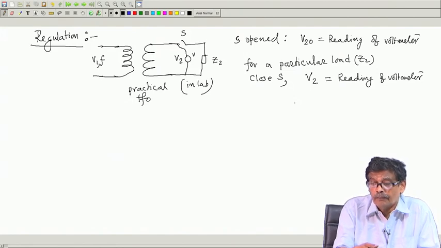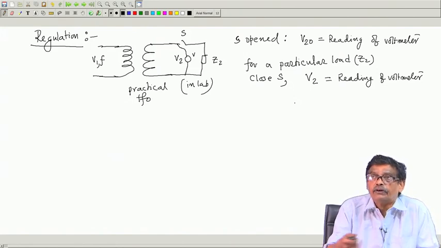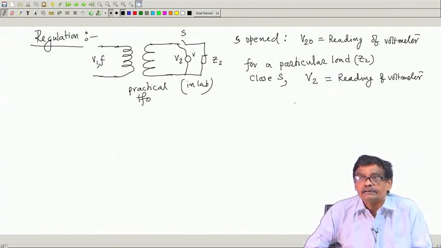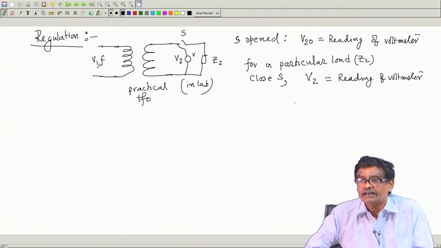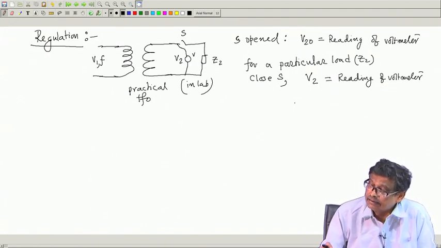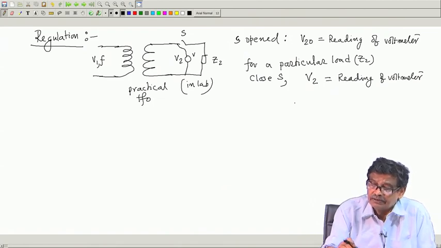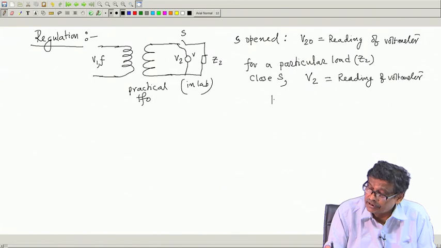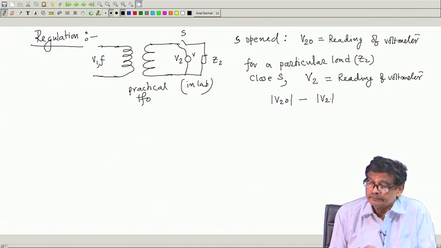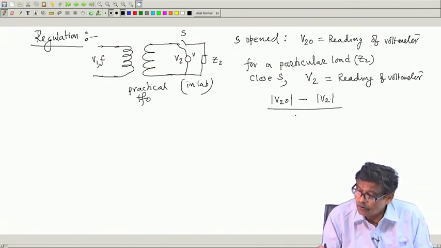Therefore, there will be voltage drop in the series impedances in the model of the equivalent circuit of the transformer. That is, in RE1 and XE1 there will be a voltage drop, and hence it is expected there will be a difference in the magnitude of this voltage. So, you calculate this change and divide it by the open circuit voltage.